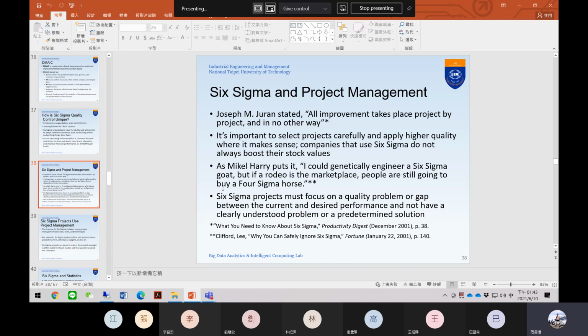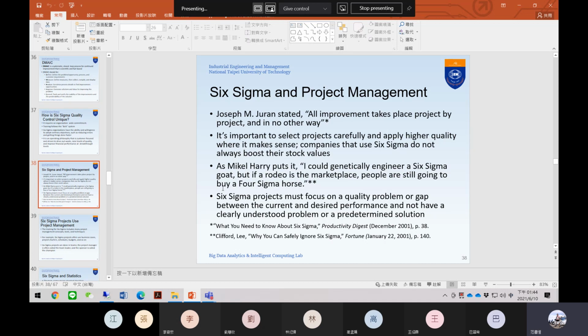So a Six Sigma project must always focus on a quality problem. It could be a breakthrough or an improvement opportunity, or a gap between the current and desired performance, without a predetermined solution already. You need an evidence-based description to drive the whole improvement process.